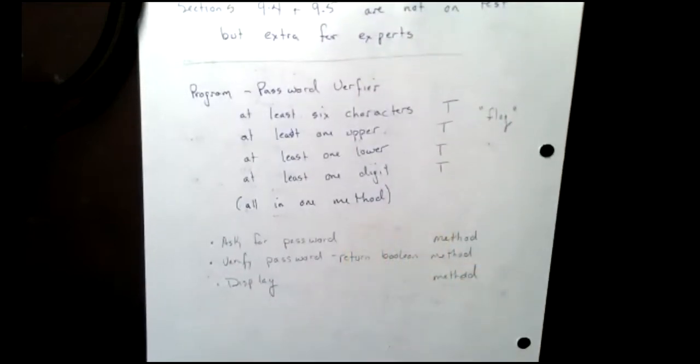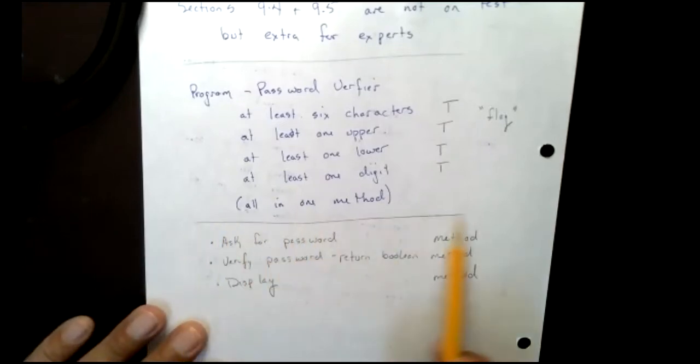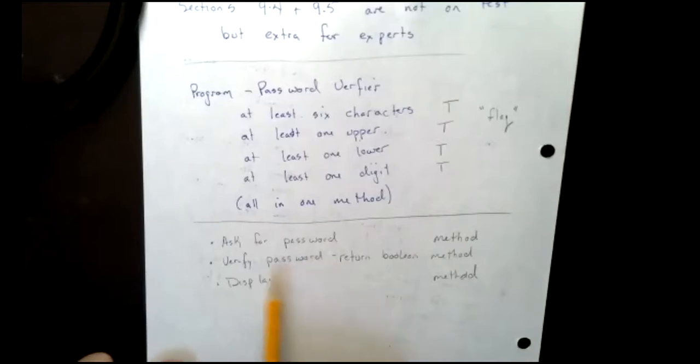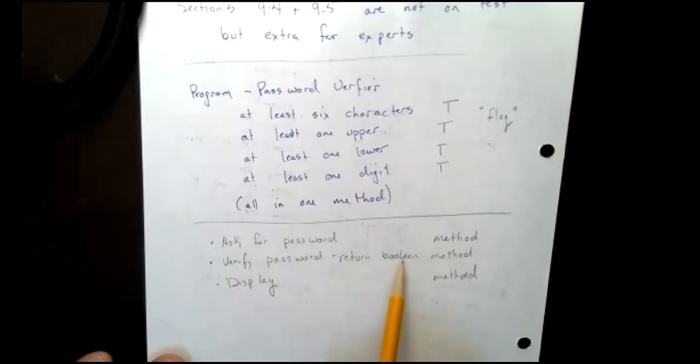So what are we going to do today? I'm going to have you write a program. Here's the program: Password verifier. You're going to have a method that asks the user to input a password. Then you're going to pass that password over to verify, where it's going to find out if the password is valid or not.